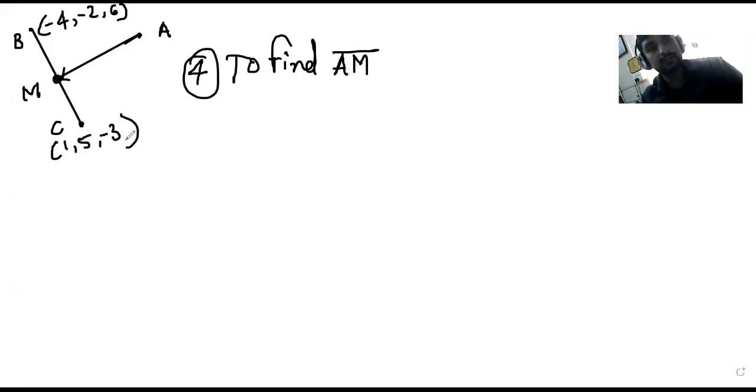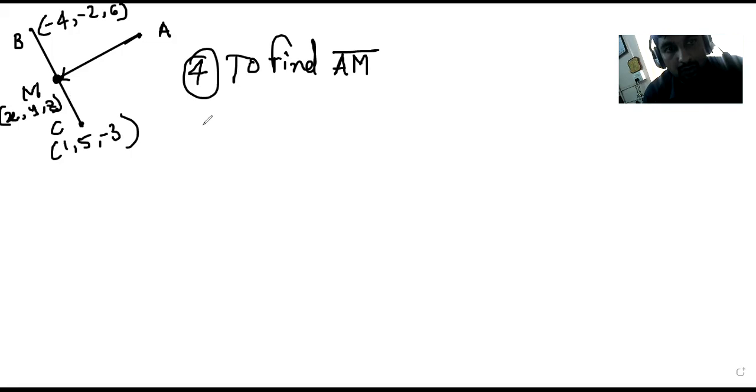These are the coordinates of point C. Now we have the coordinates of the two ends of that line. If you recall the concept of midpoint of a line, by using it you can identify the coordinates of point M. Let me write here, the coordinates of point M are x, y, z. Let us assume these are the coordinates of point M.